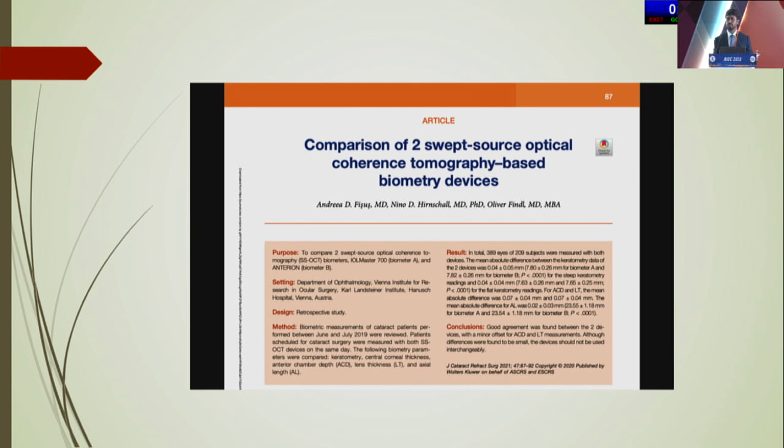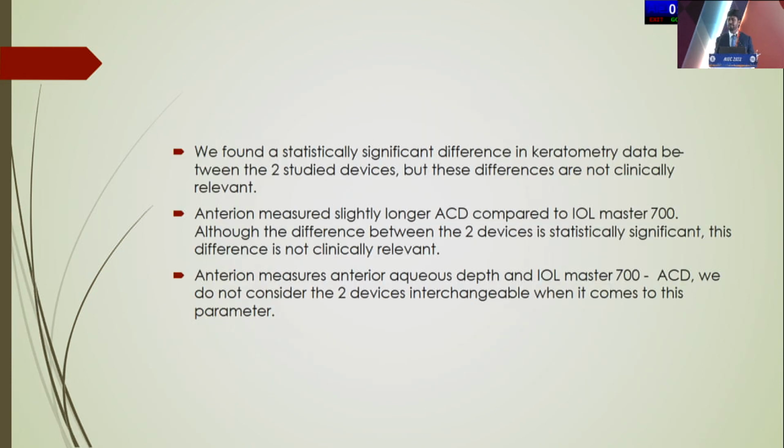Now, comparison between the two biometers with regards to which is better: actually there's been a little bit of difference in almost all values, in ACD, AQD, as well as axial length between the two devices. But what we have to learn is, suppose an institute has both instruments, we cannot take data from one and use it in the other equipment.